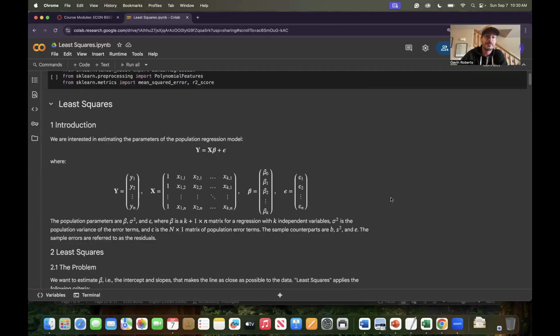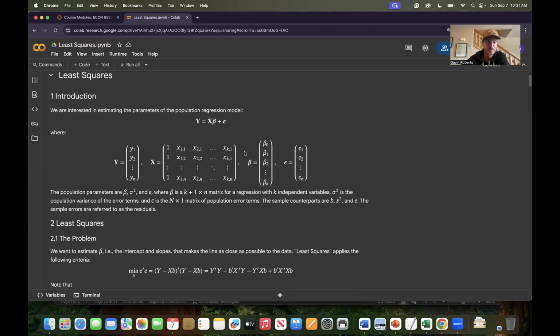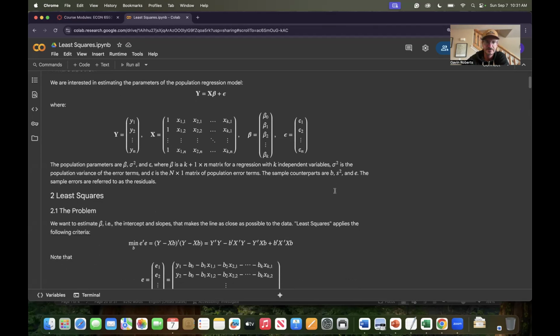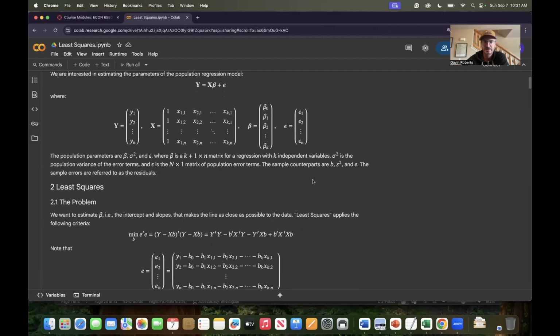Hopefully we're getting a little bit more used to the matrix type math if you haven't seen that before. But last time we pointed out that we could write a regression model this way in matrix form. And then these would be what those matrices look like. I asked you about the X beta matrix when you actually made that calculation and what that would look like.